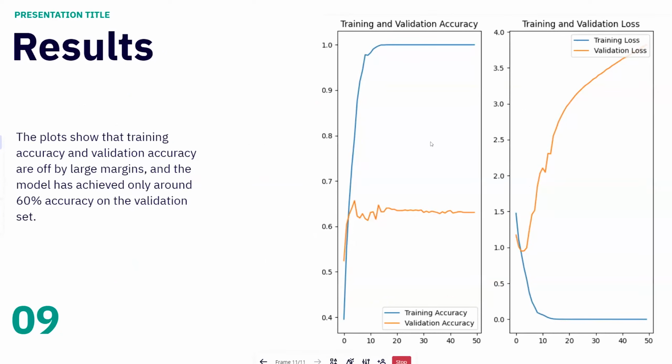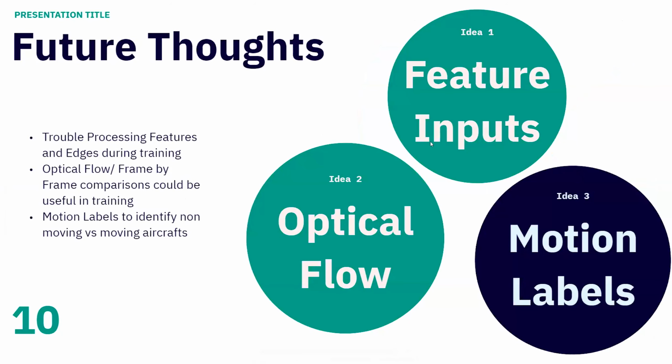And going into some of my future thoughts and some of the things I would do in the future, one of the main problems I believe was happening when I was training the model was that adding in the feature and edge detection was a bit too much for the convolutional neural net to process, especially since I modified some of the layers.